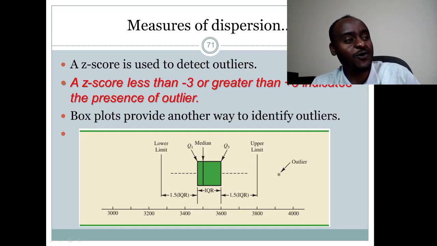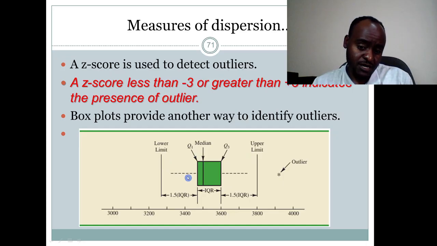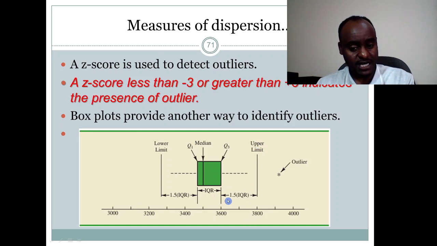Box plot provides another way to identify an outlier. Of course, drawing a box plot is very simple in SPSS. We will see in practice how we can draw a box plot. So this is a box plot. This is the lower limit, this is the upper limit. This is the first quartile, this is the third quartile.